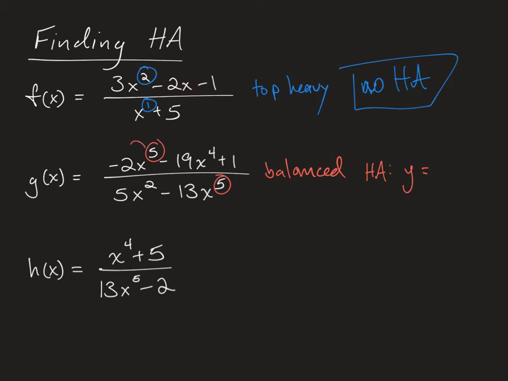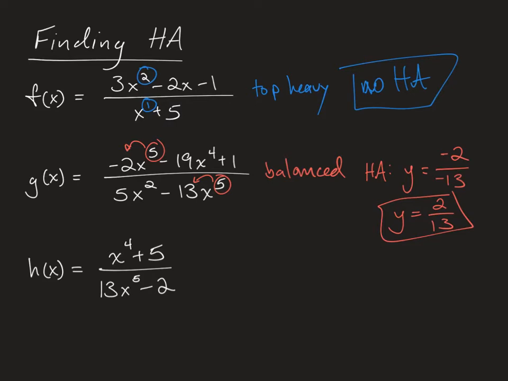So the number in front of this degree is -2, and that goes in the top because that -2 is in the top. And in the denominator, you have this number, -13. Ooh, I don't like this though. The negative over the negative, we can reduce that. Negative divided by negative is a positive, so we can just write y equals 2 over 13. There we go. That's the horizontal asymptote there.